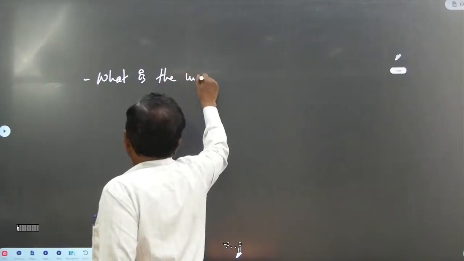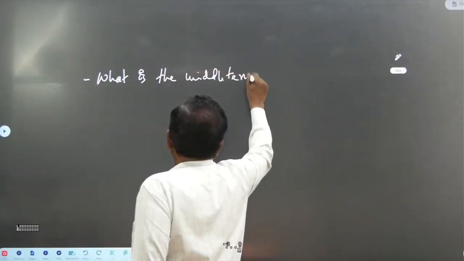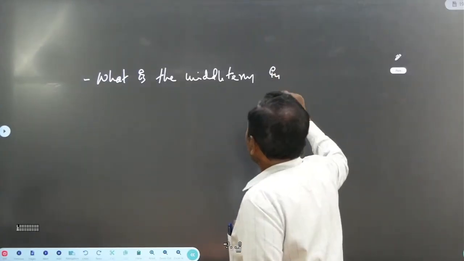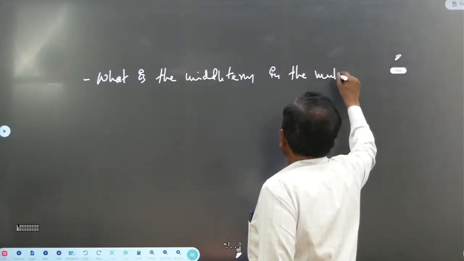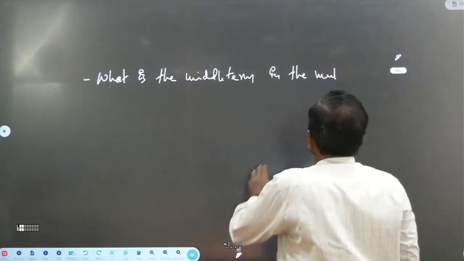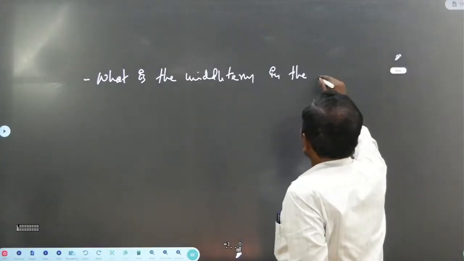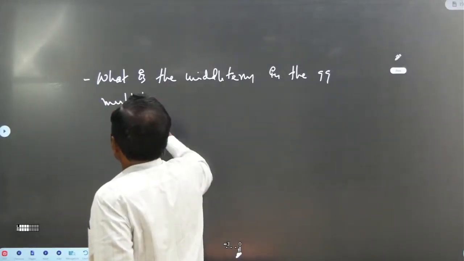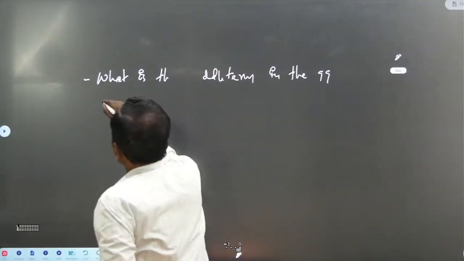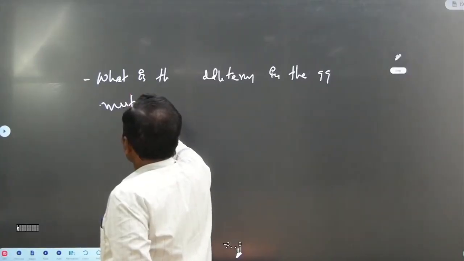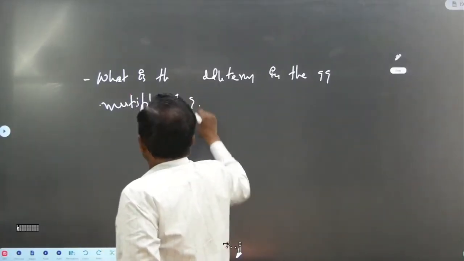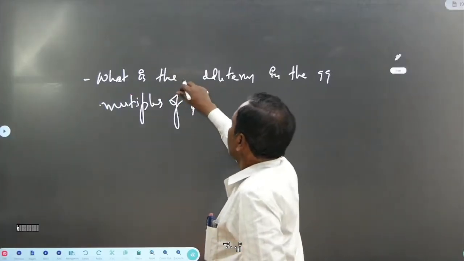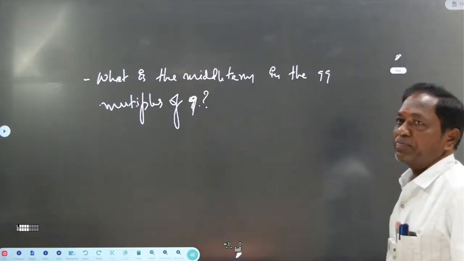What is the middle term? What is the middle term in the 99 multiples of 9?